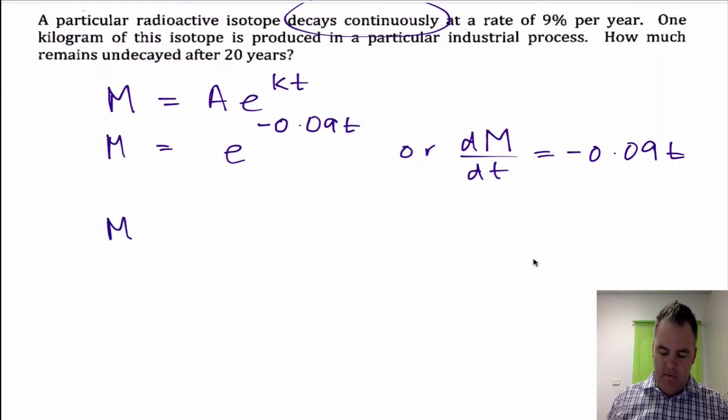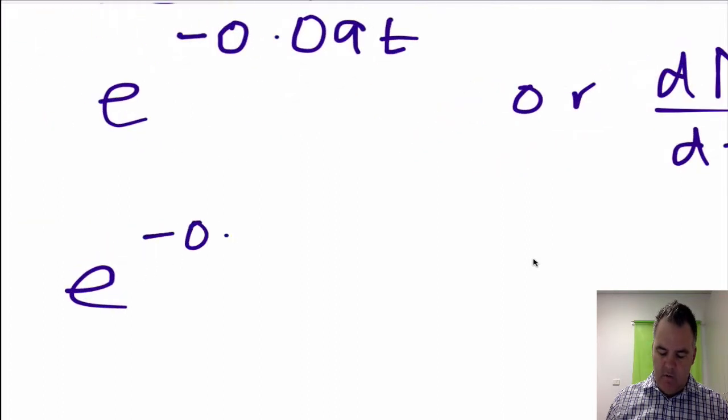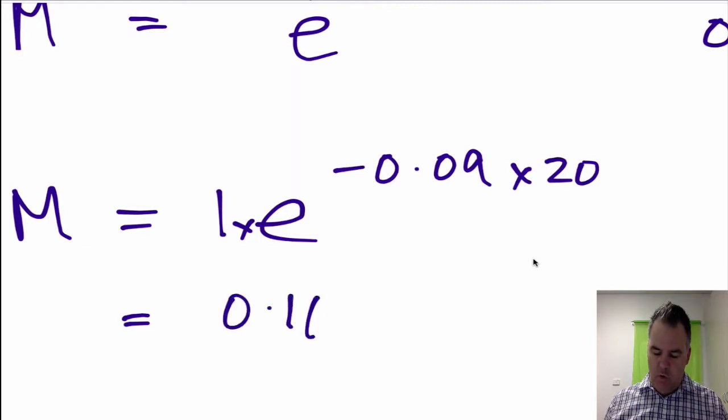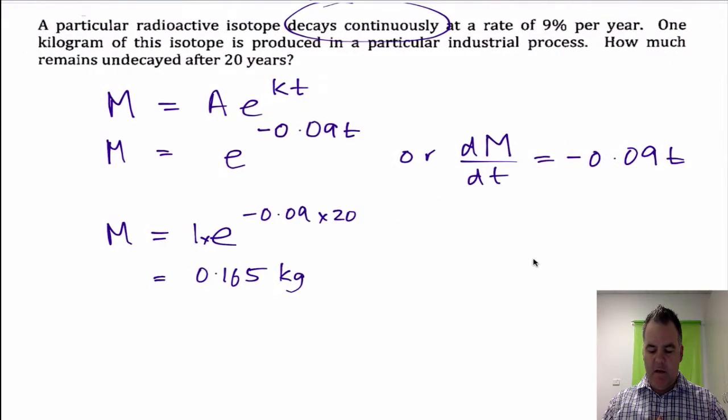So the mass is going to be e to the negative 0.09 times 20, and we started with 1 kilo. If we do that, we get 0.165 kilograms. So we started off with 1 kilo, and after 20 years we've got 0.165 of a kilo, or about 165 grams.